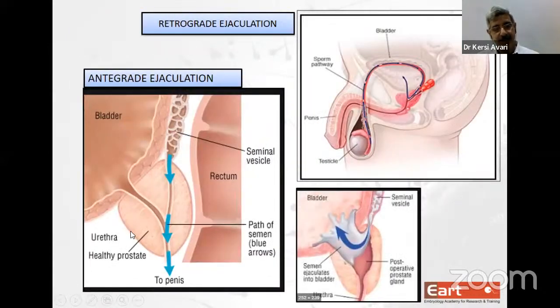Bladder, prostate, blockage, the valve over here, seminal vesicle, penis, semen pathway, urine pathway. But when this is problematic, semen comes, goes back into the bladder like this. Or comes, zooms in over here.